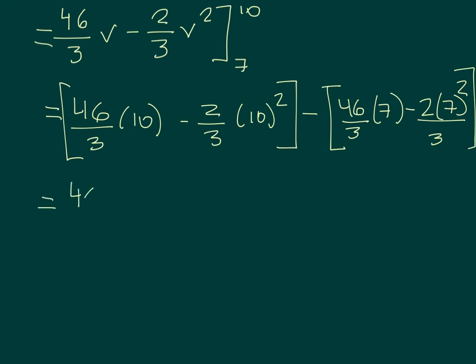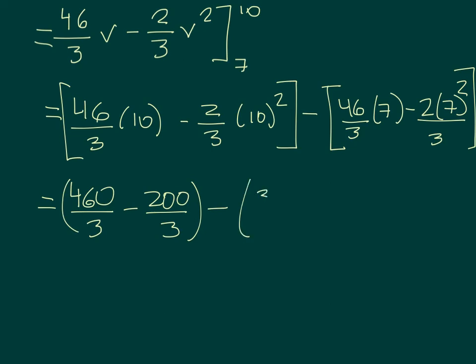That will be 460 over 3 minus 200 thirds, minus 46 times 7, which is 322 thirds, minus 2 times 7 squared, which is 98 thirds.